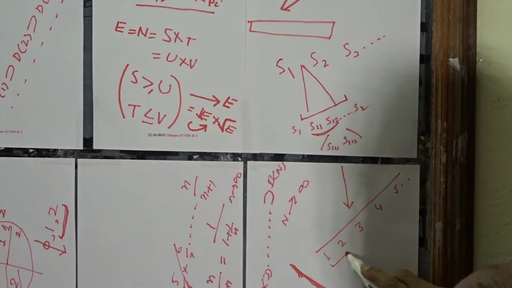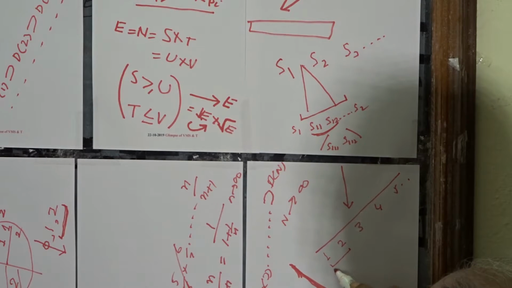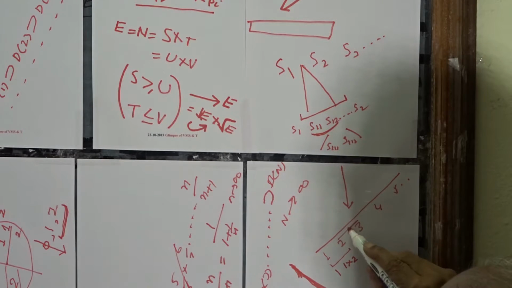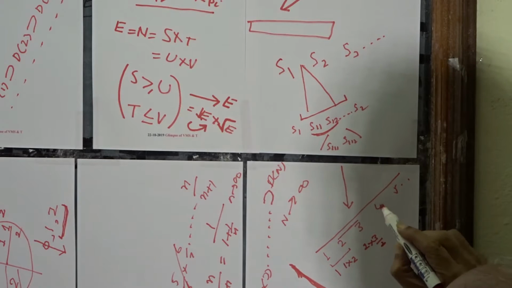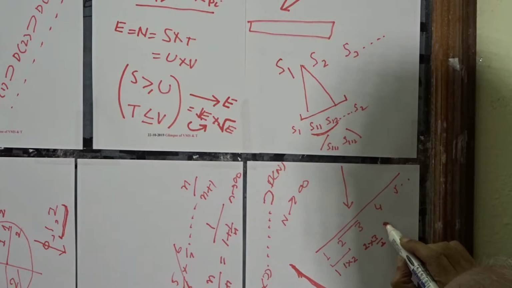And reach from 1 to 2 we know is equal to 1 into 2, and reach from 2 to 3 is going to be 2 into 3 over 2. A step ahead, reach from 3 to 4 is going to be 3 into 4 over 3.